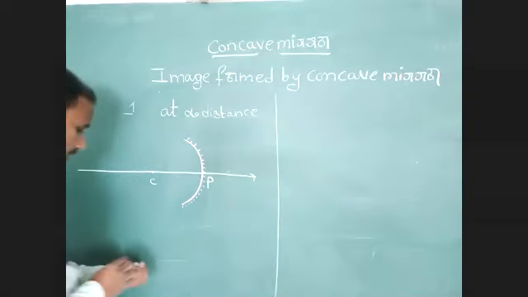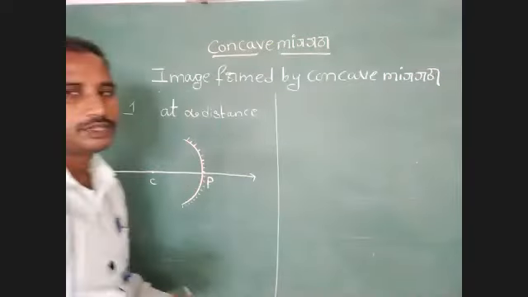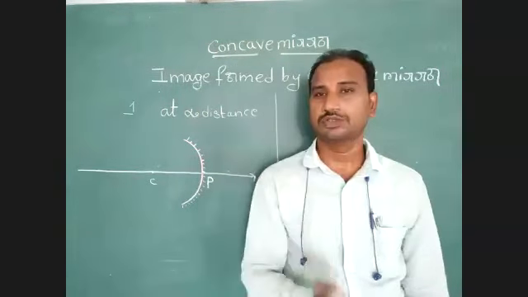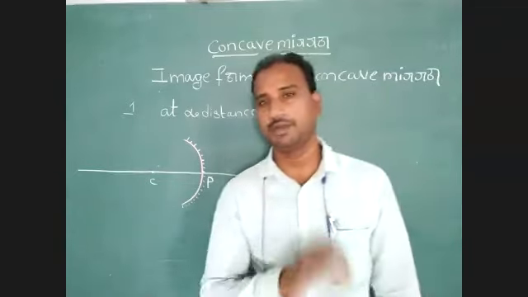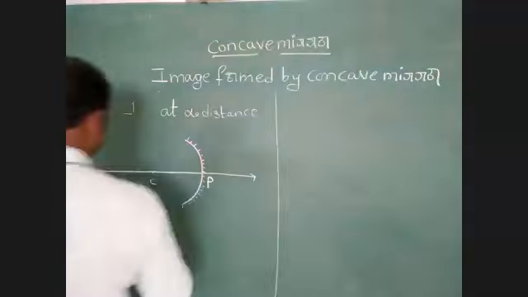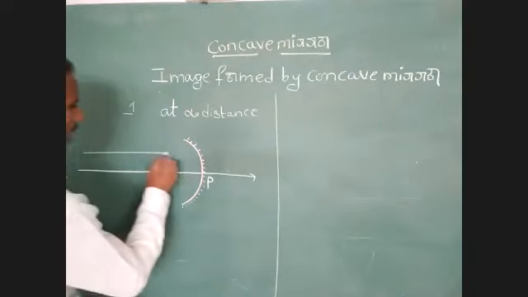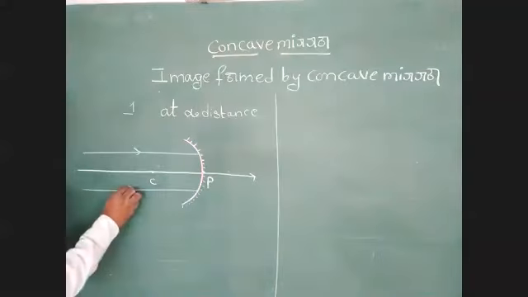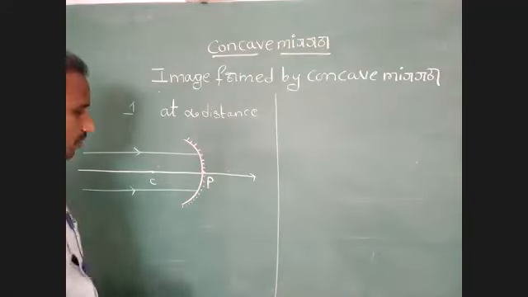Now, just identify here: the position of an object is considered at infinite distance. Then that source of light can produce a parallel beam of light rays. We have to consider that parallel beam of light rays.